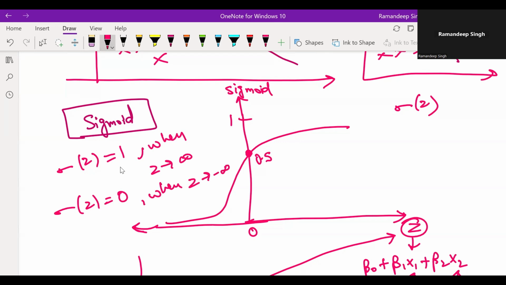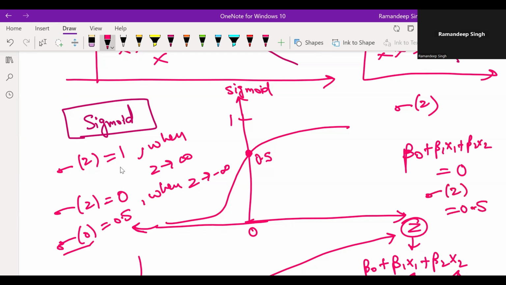And the 0.5 is the value of this function when z is equal to 0. So when we put beta naught plus beta 1 x1 plus beta 2 x2, and it comes equal to 0, then the sigmoid of z will return a value of 0.5. This is the concept we need to understand till now.